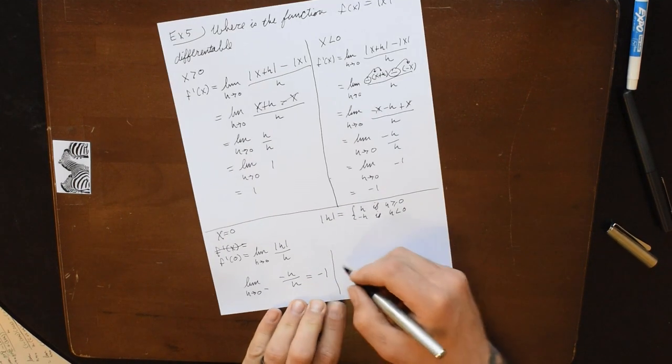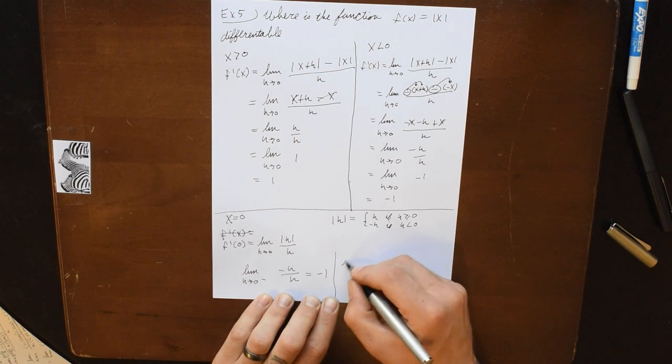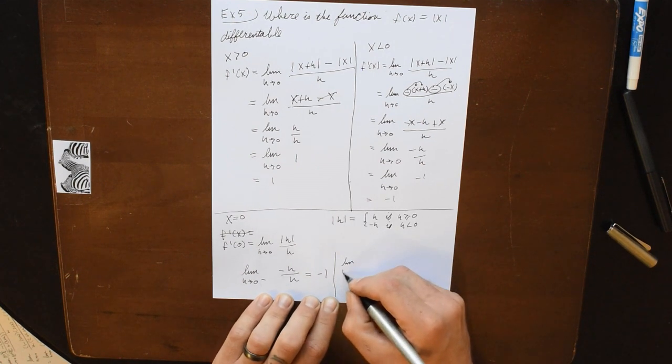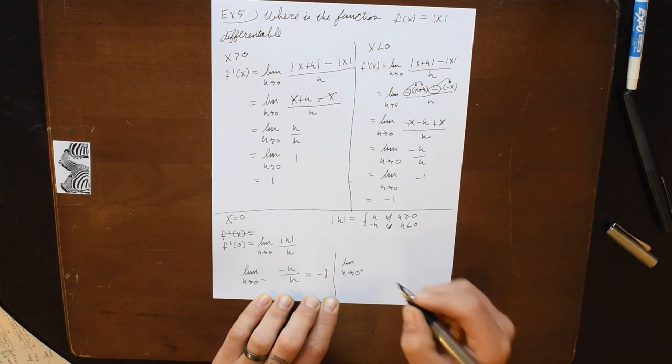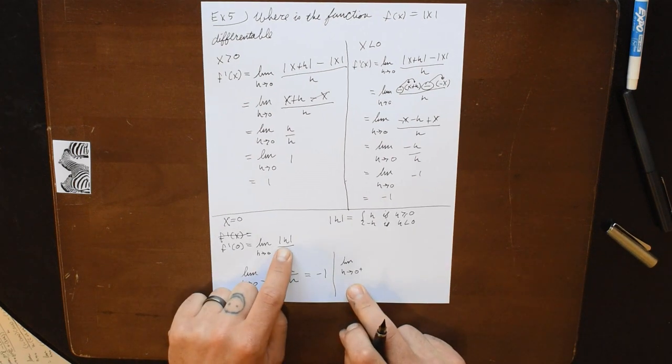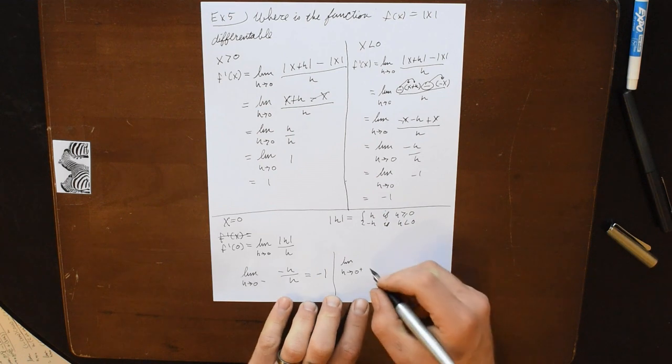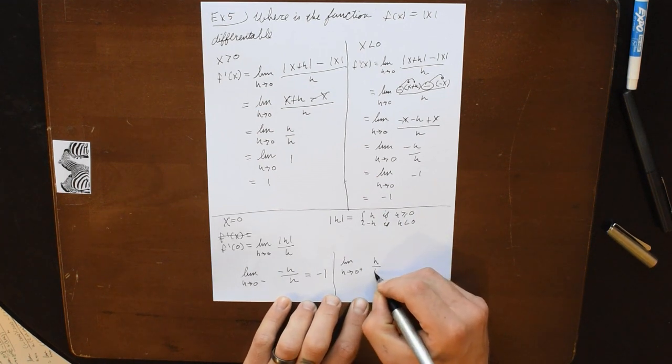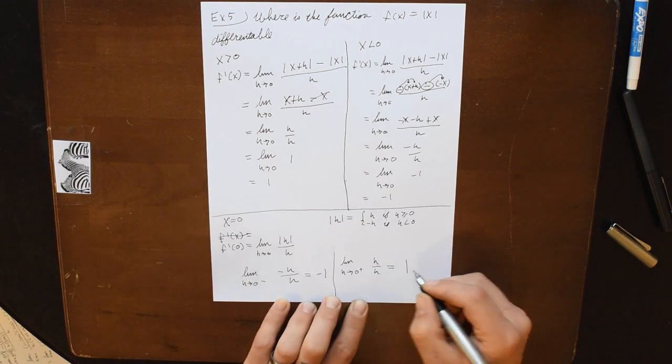And now the limit as h approaches 0 from the right, well, h is always going to be positive. If h is positive, the absolute value of h is equal to h, and we get h divided by h, which is equal to a positive 1.